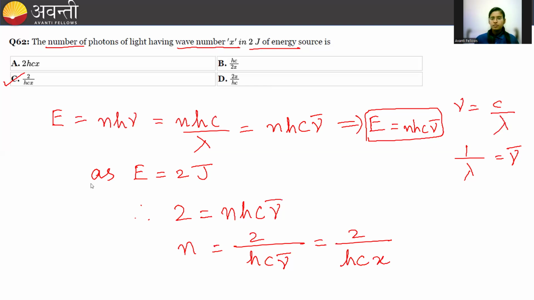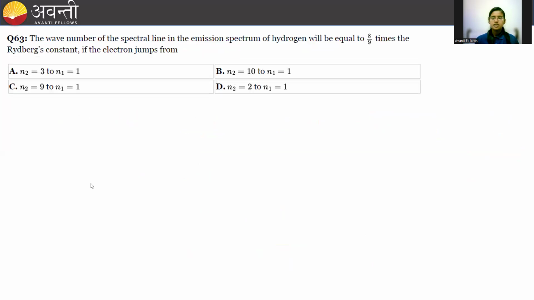Now coming to question number 63. The wave number of the spectral line in the emission spectrum of hydrogen will be equal to 8 by 9 times the Rydberg constant if the electron jumps from.